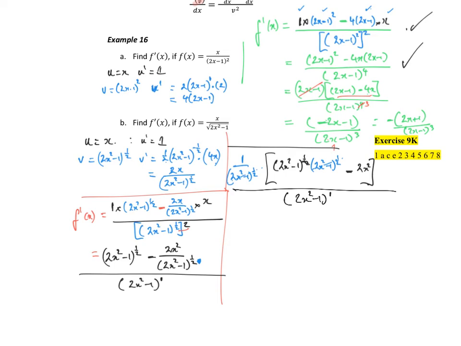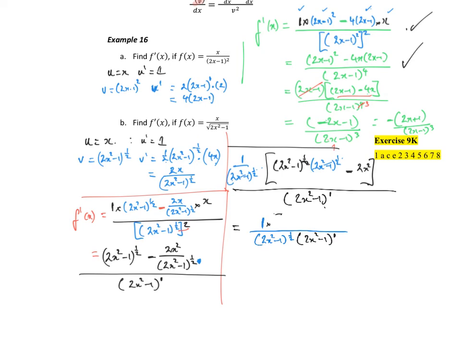So my next term, this term in blue out the front here, what if I put that down and write that as 2x squared minus 1 to the half. I've already got this other 2x squared minus 1 to the 1 there in the bottom.